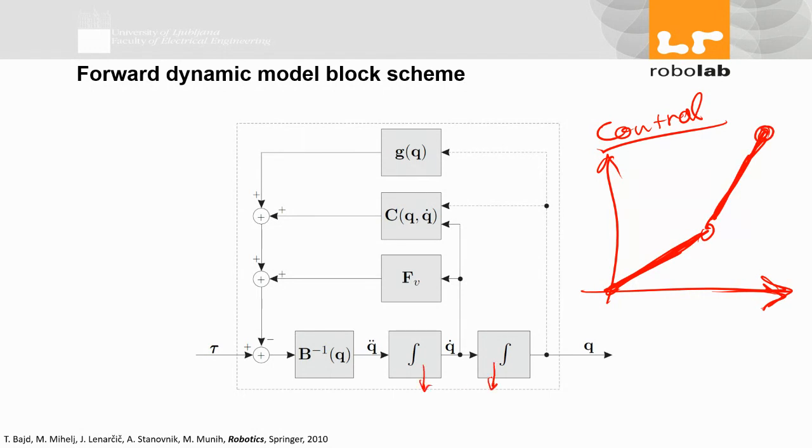These are integrations. In the Laplace domain, for those who are familiar, they will be 1 over s. Okay. This block diagram gives me a relationship between the input tau, the torque you're applying, and the angle you get as your output.